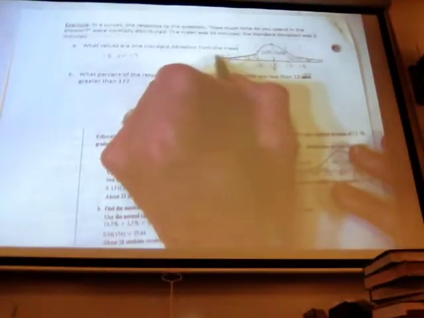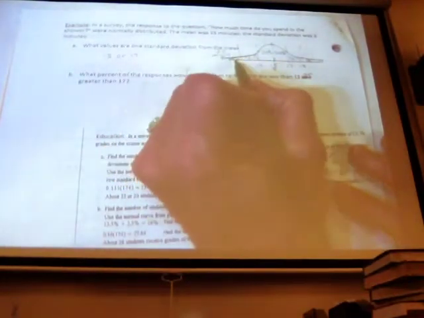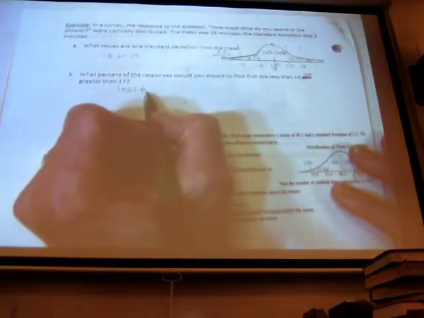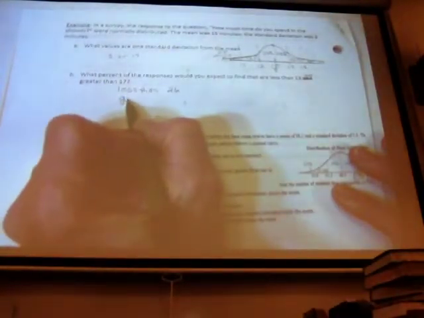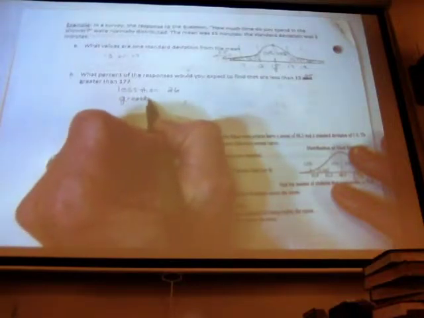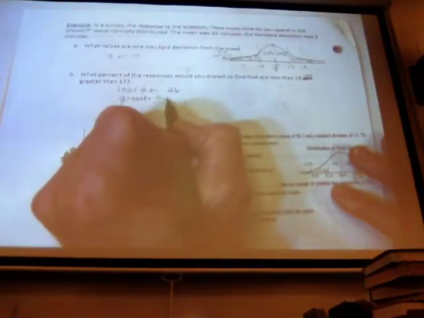So on here, if this was less than 13, this really makes up 2.5%, the 2.35 and the 0.15. Less than 13 would be 26, right? Greater than 17, sorry.